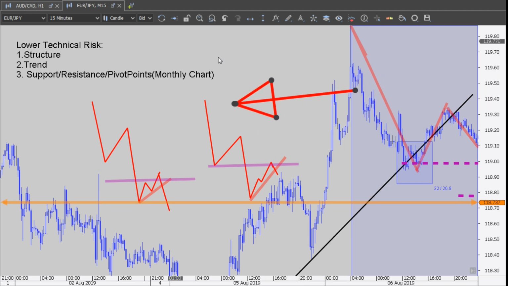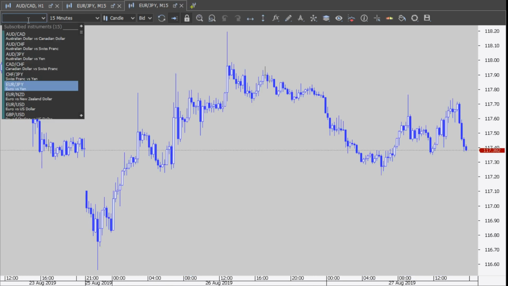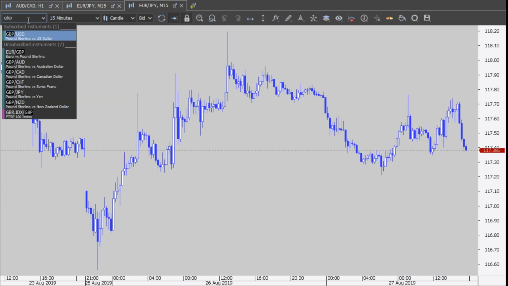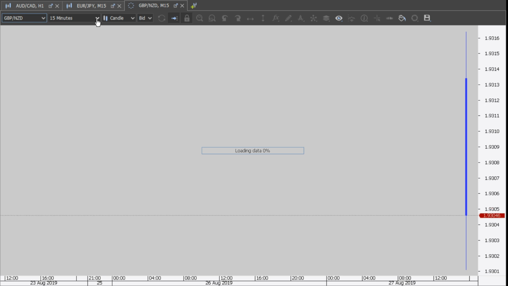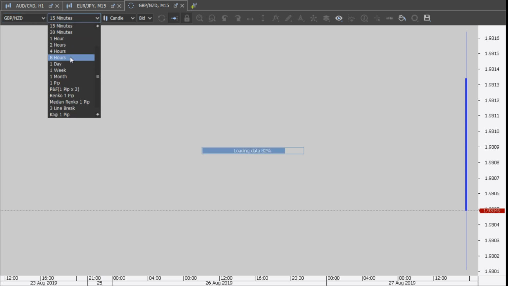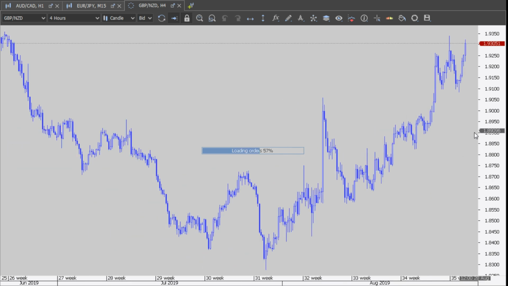Okay, now let's go on what? Let's go on GBP what? GBP NZD. Okay, we've been on the 15 minutes. Let's go GBP NZD what? 4 hour chart? 4 hour chart, great.